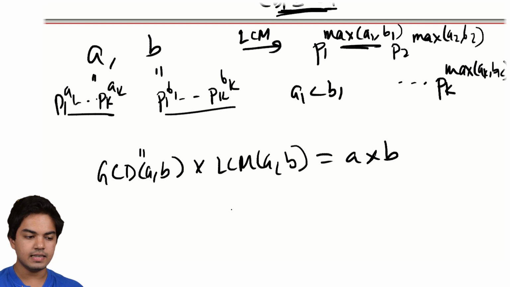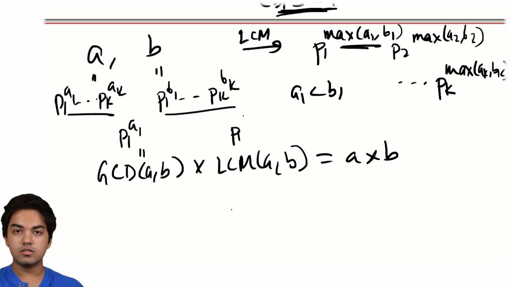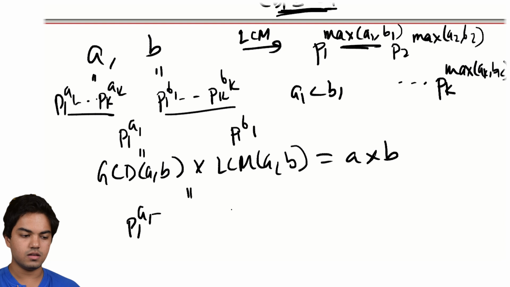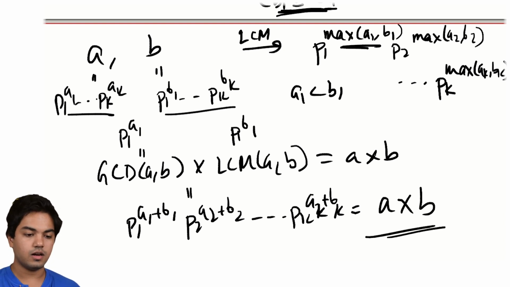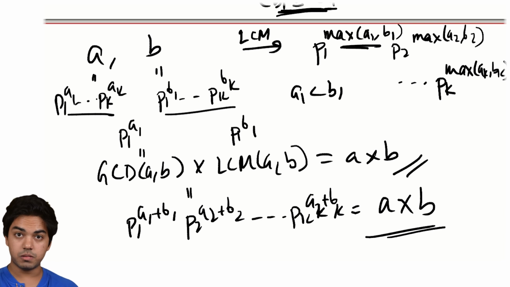In the GCD, you'll get P1 to the A1, and in the LCM, you'll get P1 to the B1. The same thing happens for every prime. So when you multiply it all together, GCD times the LCM is just P1 to the A1 plus B1, P2 to the A2 plus B2, Pk to the Ak plus Bk, which is what? It's just A into B. That immediately proves this. So this is the power of thinking of numbers and divisors in terms of primes. It's a very potent idea.